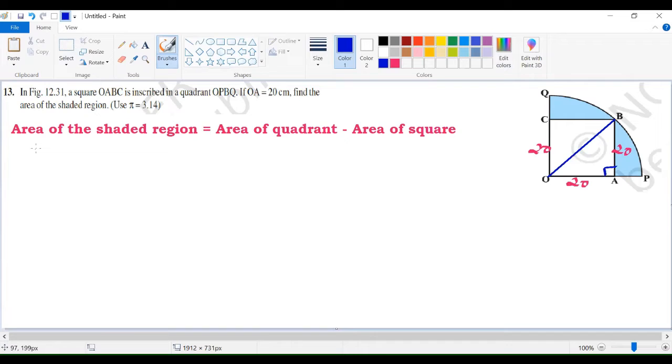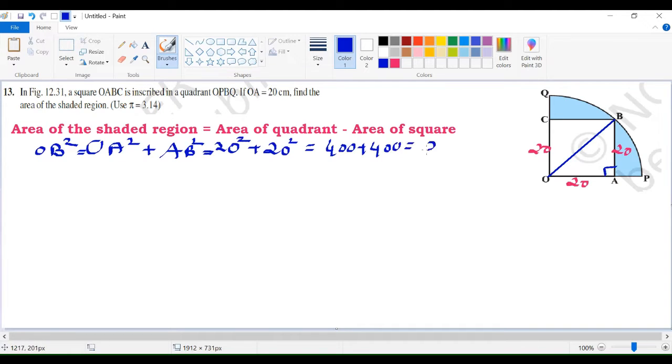So OB square equal to OA square plus AB square. It is equal to 20 square plus 20 square. That is 400 plus 400.